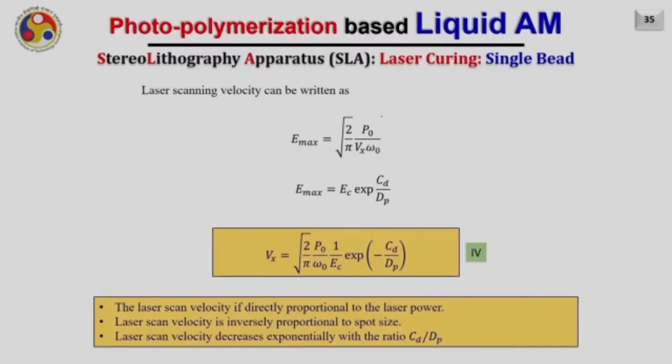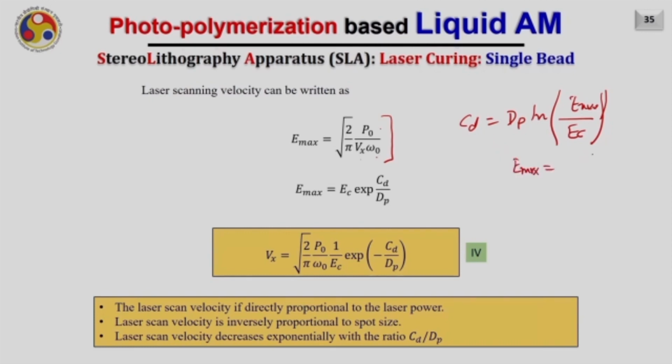Now let us try to find out an expression for the velocity of the laser beam. So we have already seen Emax will be given by root over 2 by pi P naught Vx by omega naught, and also we have seen CD equals dP ln Emax divided by EC, and hence you can easily find out Emax from this expression as well.